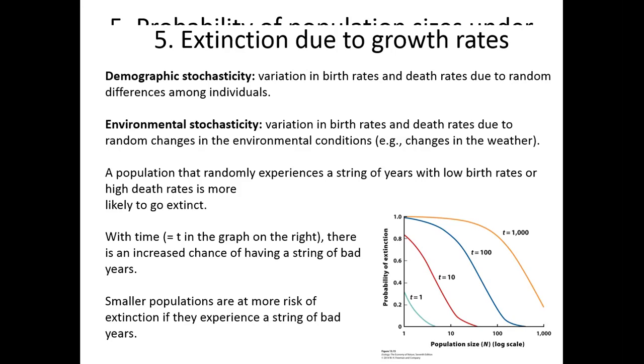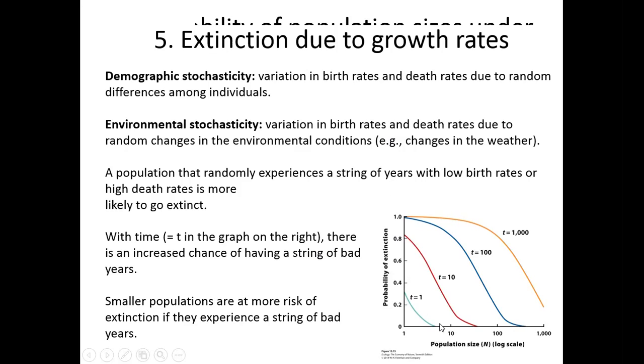Okay, so let's just look at what happens to the extinction probability if you have a string of years with low birth rates or high death rates, and you see that the probability of extinction here is pretty related to the population size. Okay, so your population size is low. All you need is one bad year, and you're very likely to get extinction.